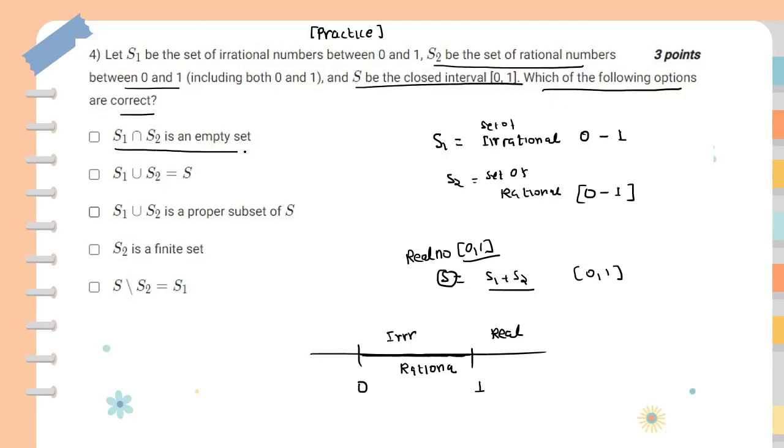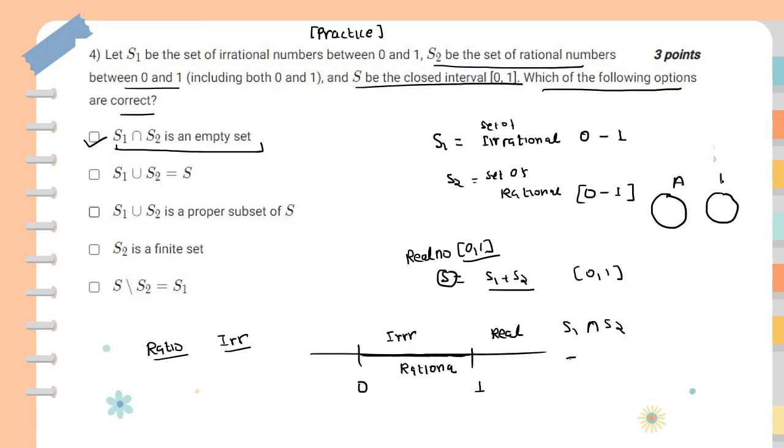So S1 intersection S2 will be an empty set. So previously we have studied that rational and irrational are disjoint sets, so basically the intersection will give an empty set. Okay, so that's true. If two sets are disjoint, that means they don't share any area.